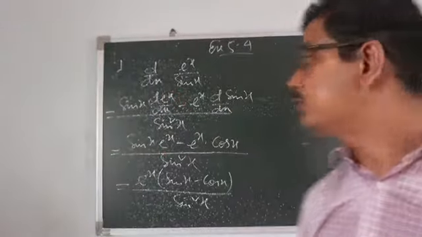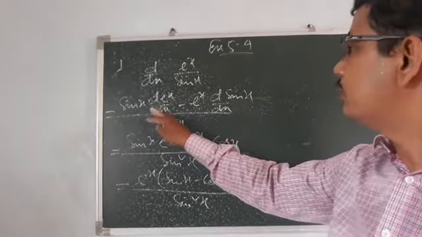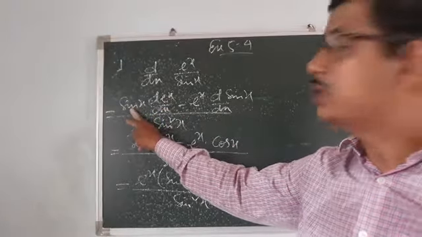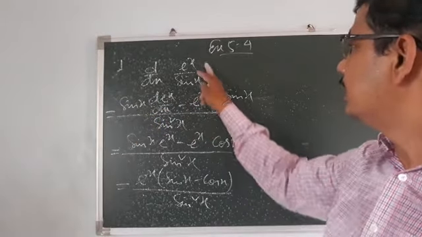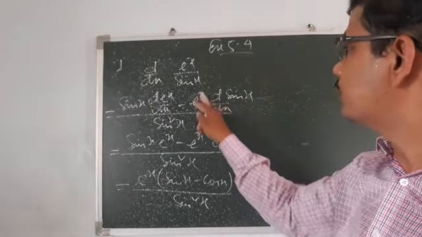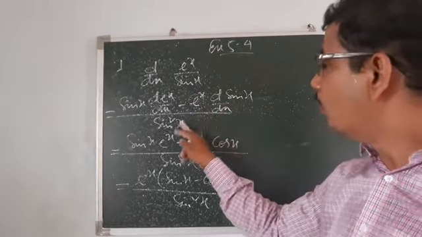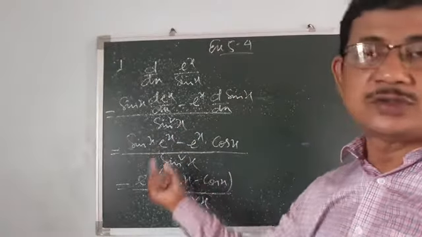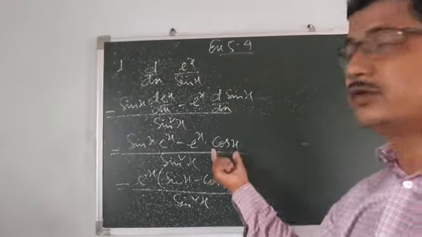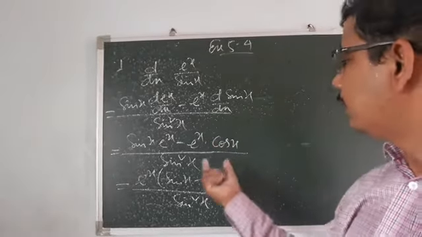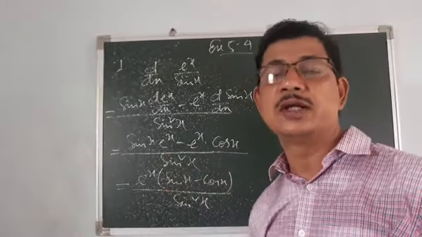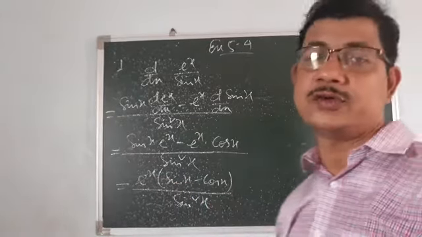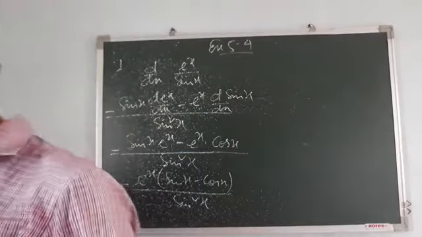The differentiation of u by v is: differentiate the numerator keeping the denominator, then minus differentiate the denominator keeping the numerator, the whole thing divided by denominator square. E to the power x differentiation is e to the power x, sin x differentiation is cos x. Now only simplification: I have taken e to the power x common, so sin x minus cos x divided by sin square x.